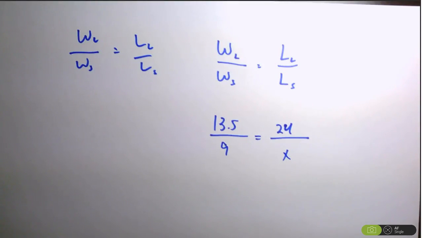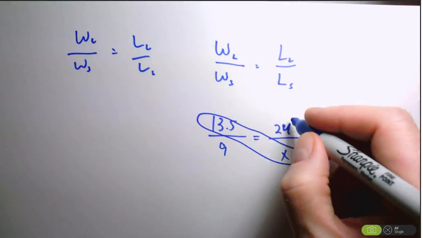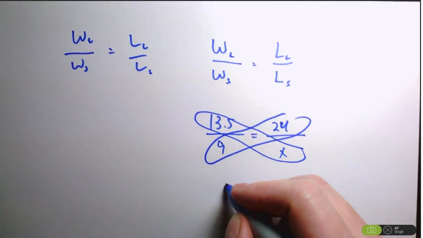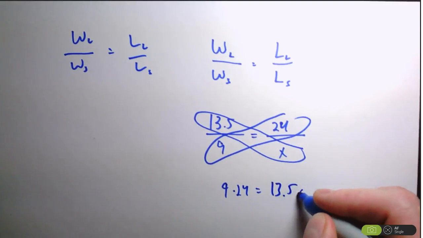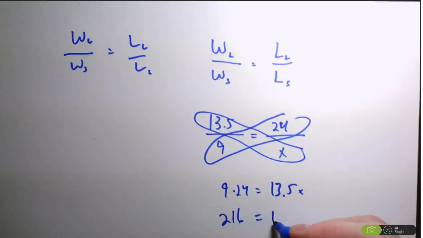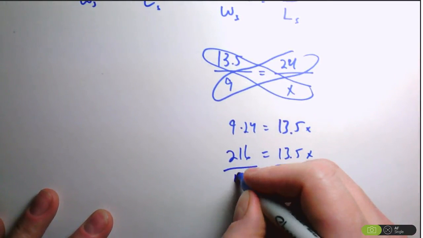I have a feeling I'm going to want my calculator for this, just to make the calculations a little easier, but we'll see. We'll hold off. So I know I'm going to cross multiply. Okay. 9 times 24 equals 13.5 times x. This gives us 216 equals 13.5x, and I have to divide by 13.5.